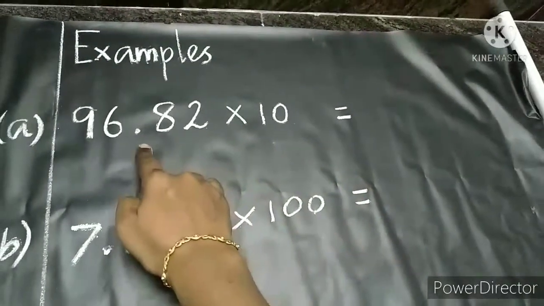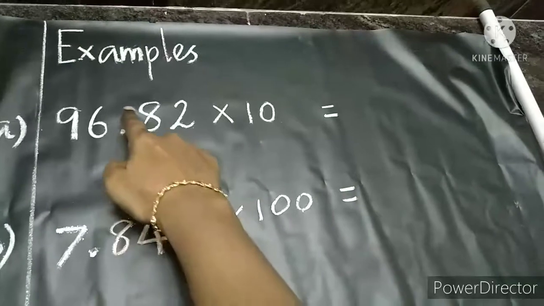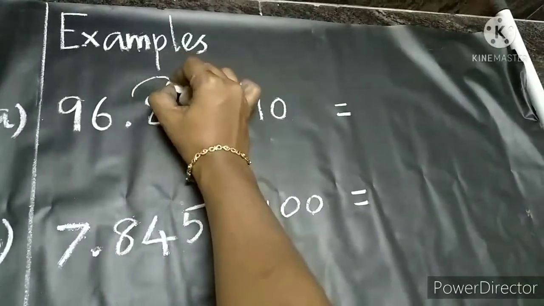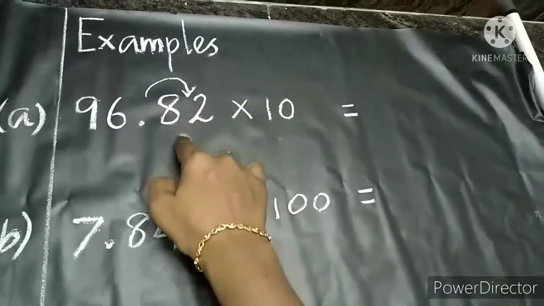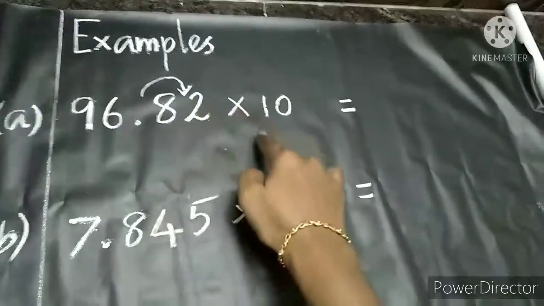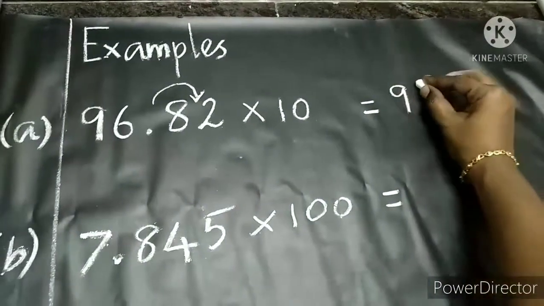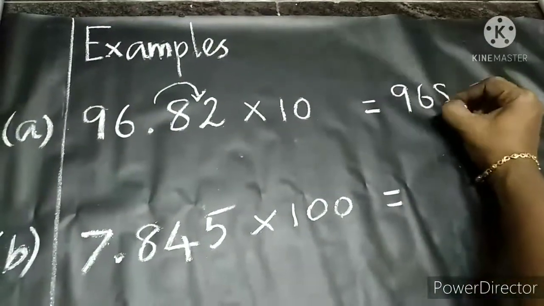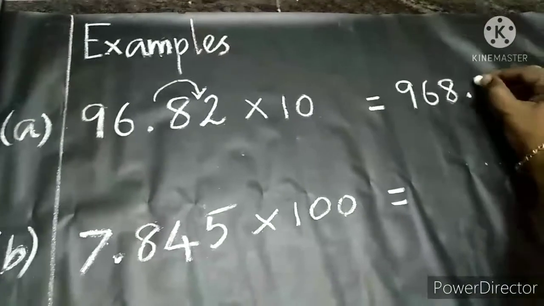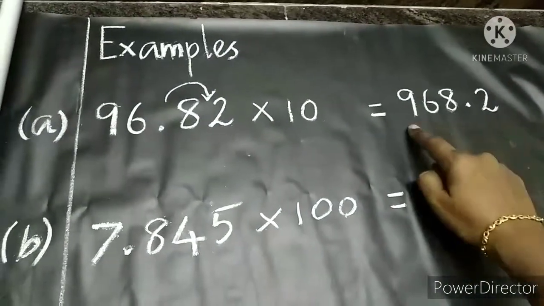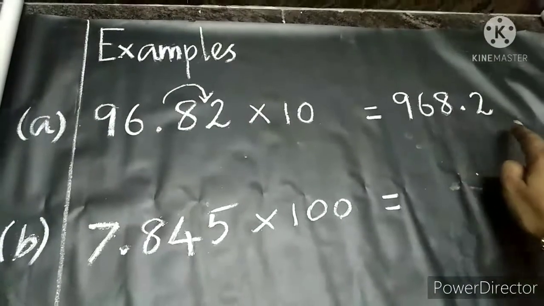So the decimal point moves one place to the right. We have to put the decimal point after 8. Let's write the answer. 968.2. Let's read the answer. 968.2.